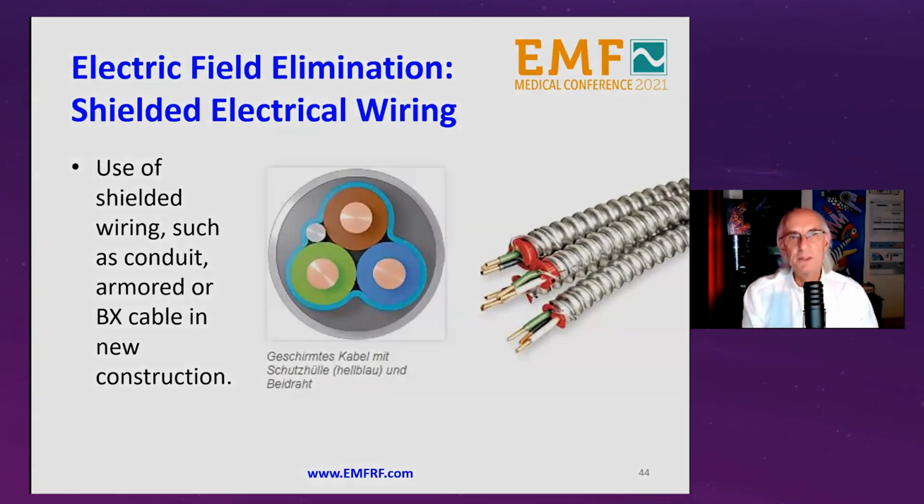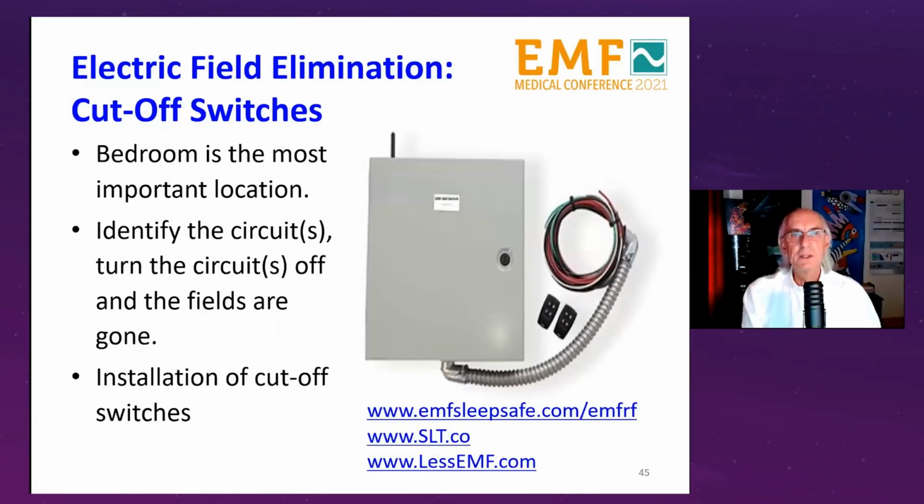Well, that's good for new construction. But what do we do if we have an existing building and we know we have high electric fields in our bedroom? We spend most of our attention on the bedrooms, because that should be a safe place, an EMF sanctuary, because we are regenerating, we are recuperating, we're doing cell repair at nighttime.